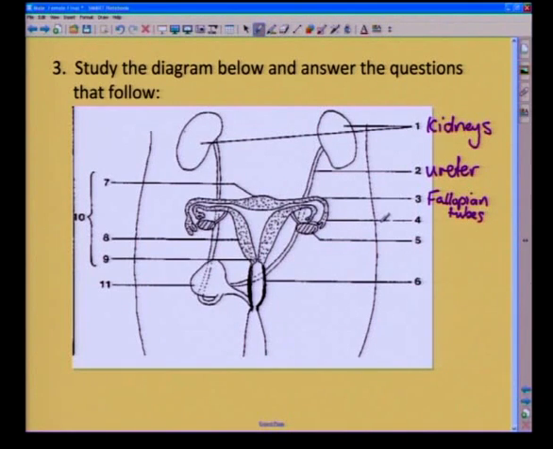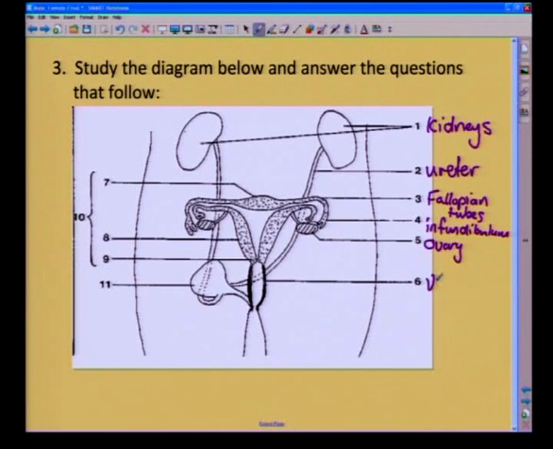And 4 is the infundibulum. And the infundibulum is the entrance to the fallopian tube. All right, 5 is our little ovary.